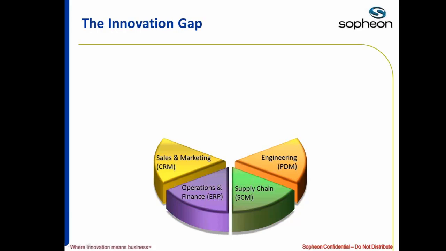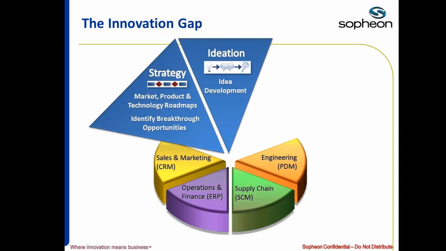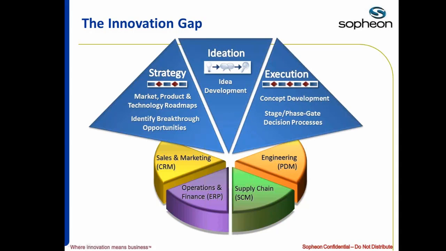But when we look at what's arguably the most important aspects, when we look at innovation strategy, when we look at ideation, and we look at cross-functional execution, many companies have little or no processes other than a bunch of spreadsheets and presentations or possibly isolated solutions that address these very important aspects of innovation. This lack of consistent and reliable processes is the innovation gap.